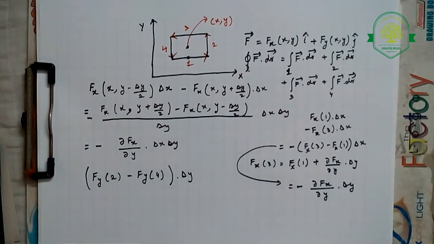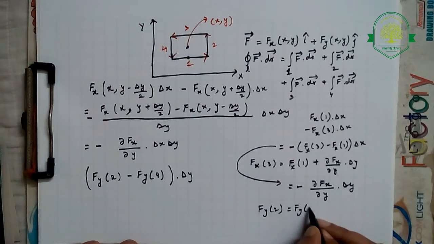So in a very similar way, we can say that f_y at 2 is f_y at 4 plus the rate at which f_y changes with respect to x times delta x.